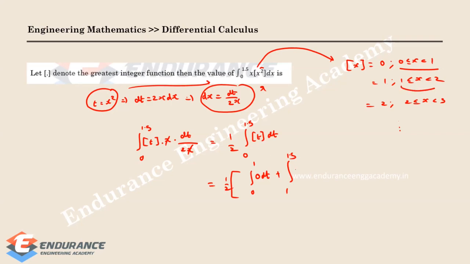So that will be 1 by 2 into, upper limit is 1.5, lower limit is 1, right? So 1 by 2 into 1.5 minus 1. Sorry, that is 0.5. So 0.5 by 2, which is 1 by 4.